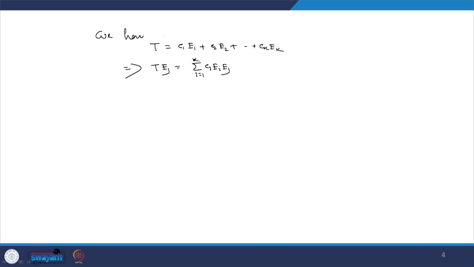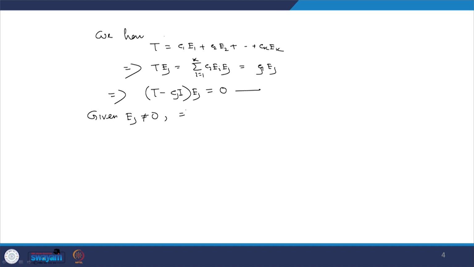So, this implies that the composition of the operator T minus Cj I and Ej equals 0. I will get the zero operator, given each Ej is a non-zero linear operator.